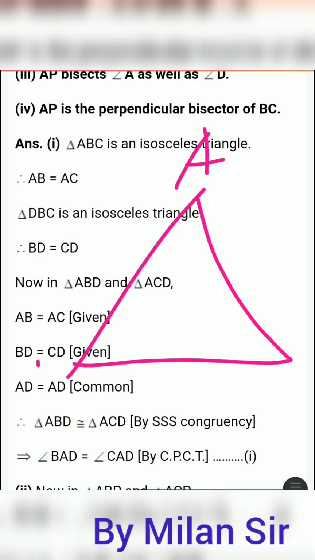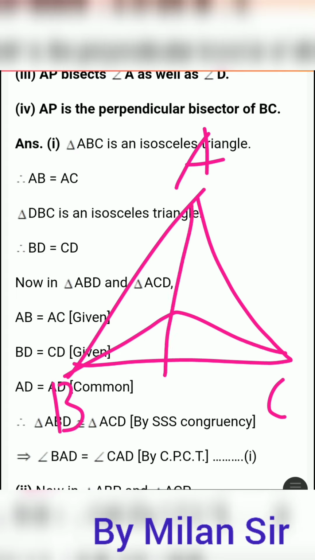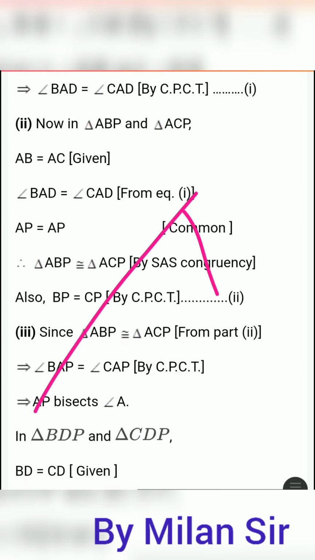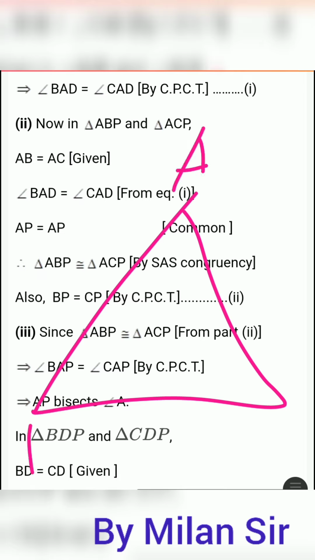So in this way we can prove this question. Now let's recap. A, B, C. In the first question we use the side criteria: AB is equal to AC, BC is equal to CD, because it is an isosceles triangle, and this is a common side, so these two triangles are congruent. By using this we can also say that these two angles are same by CPCT. Then in the second question, ABC.